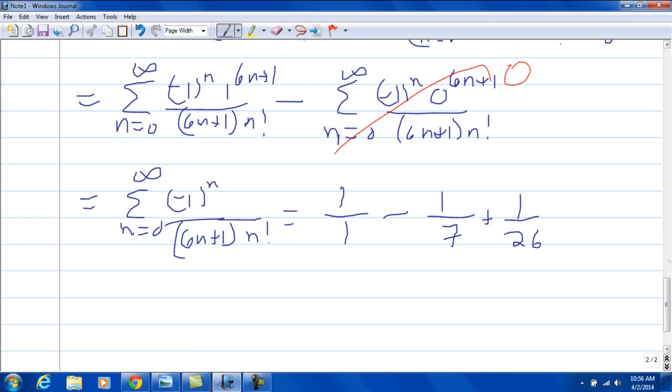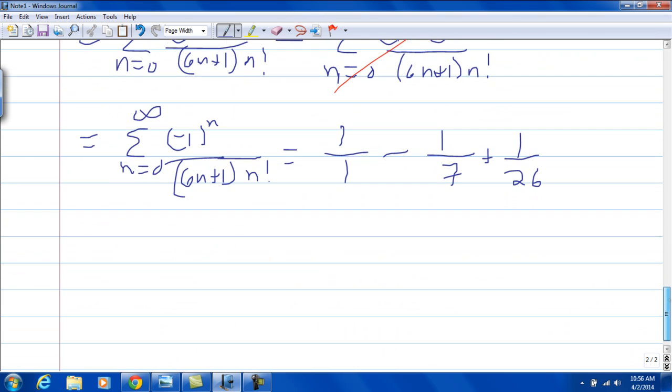And put a 3 in there. Oops, it jumped up on me. Negative 1 to the 3 is negative 1, so minus 1 over 6 times 3, 18 plus 1 is 19. 19 times 3 factorial, 6, so 19 times 6. It's 120 minus 6. 114.